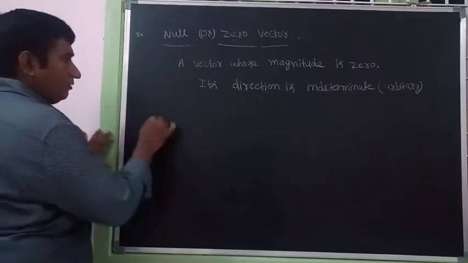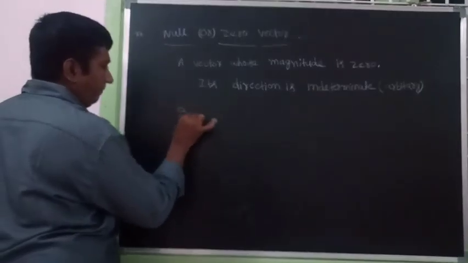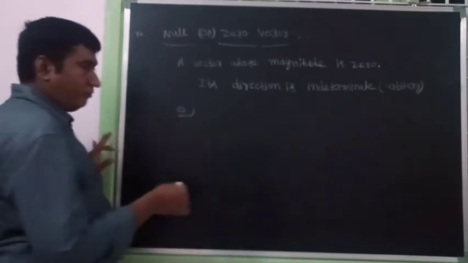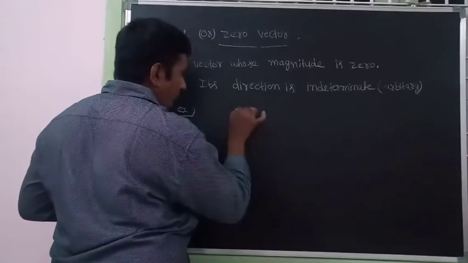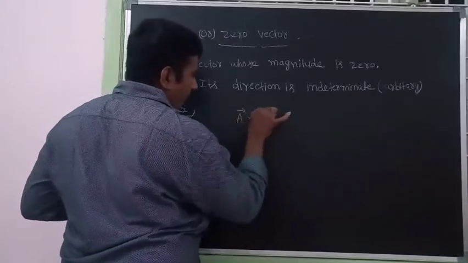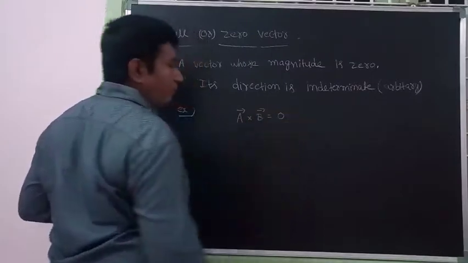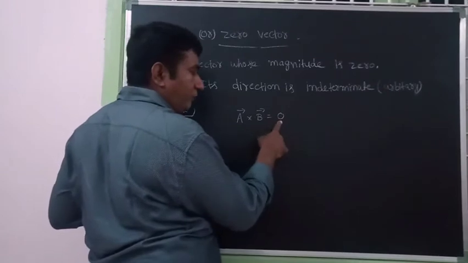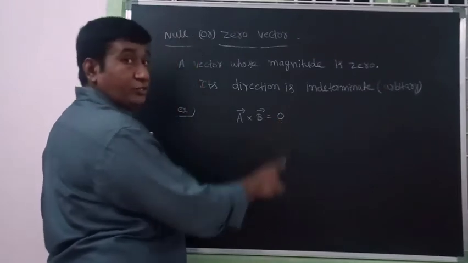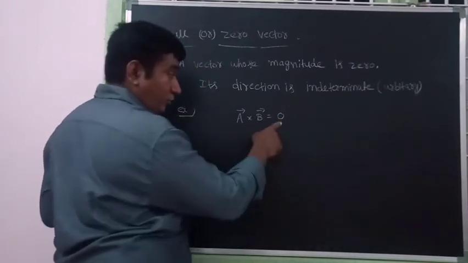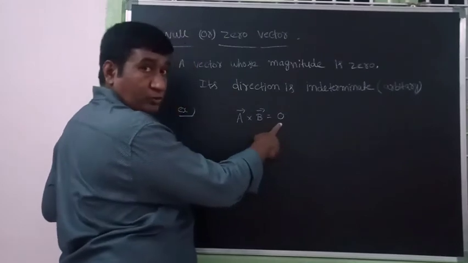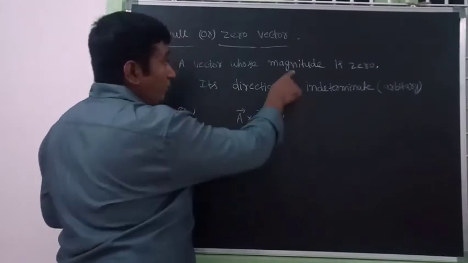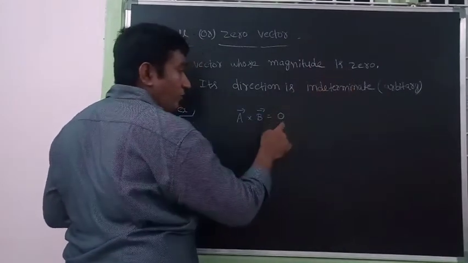So for example, here I have taken A vector cross B vector is equal to 0. If you make this product, the resultant which you are going to get is 0. This 0 is not a scalar quantity; it is a vector quantity whose magnitude is 0, but what about its direction?